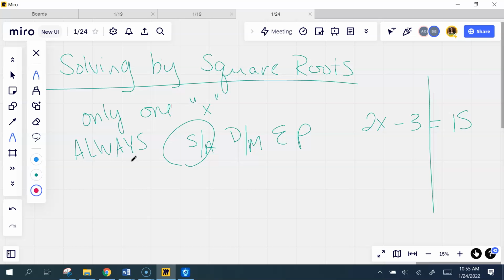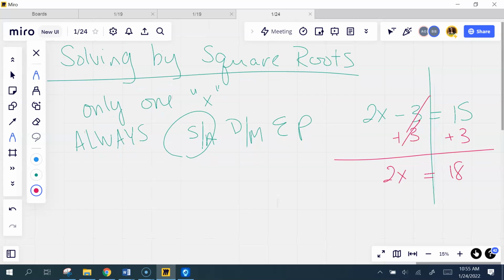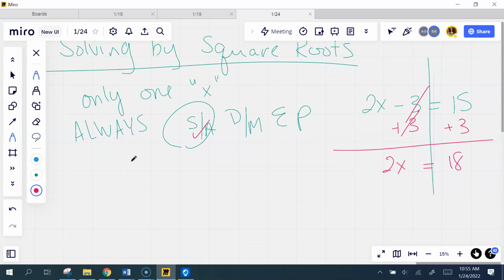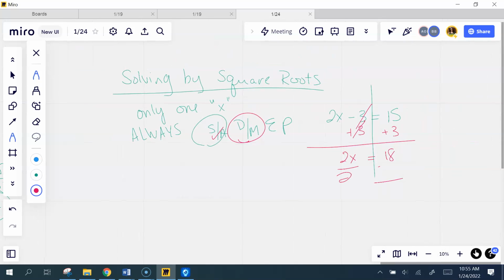So I get rid of that by adding to both sides. Now 2x equals 18. Now is there any multiplication or division being done to x? Yes, so I need to divide by 2. That's exactly right. And now x. That's why you do that.